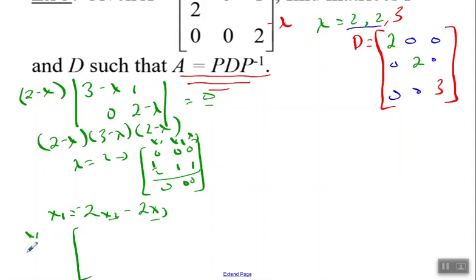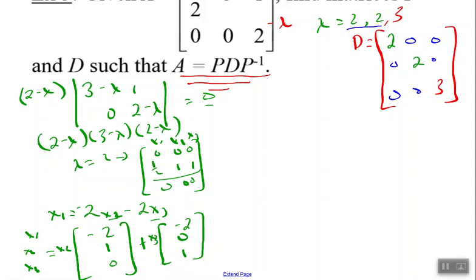So x1, x2, x3. x1 is equal to -2 x2 plus -2 x3. Remember this is kind of factoring out the x2. This is in terms of x3. x2 is equal to x2 plus 0 x3. x3 is equal to 0 x2 plus 1 x3.